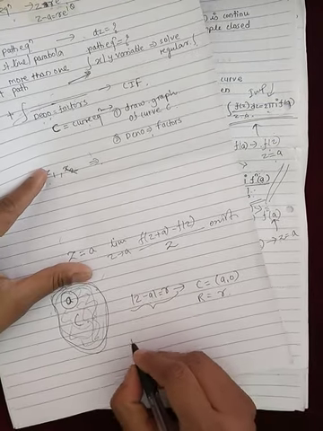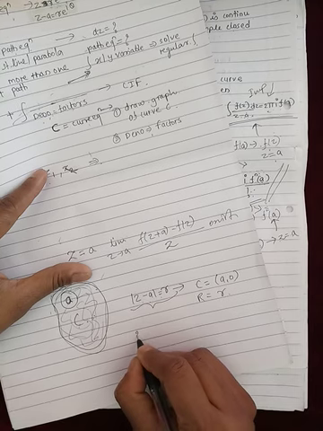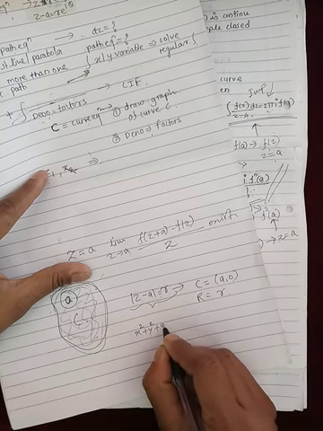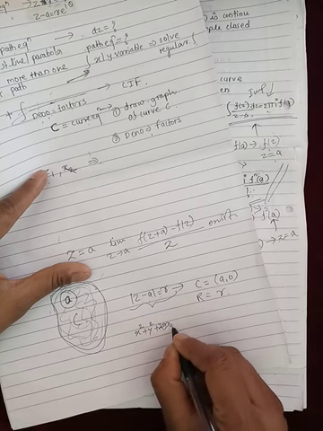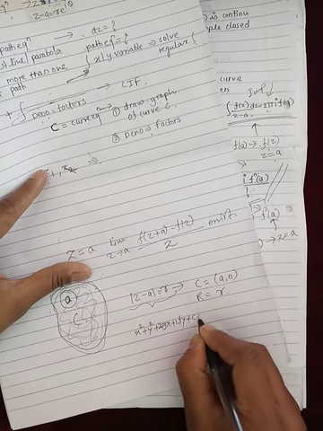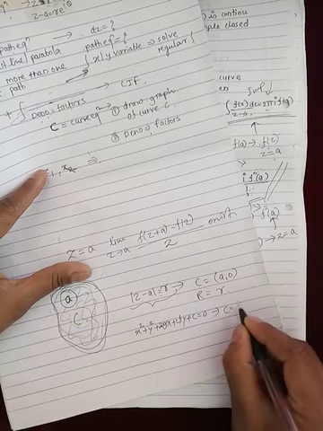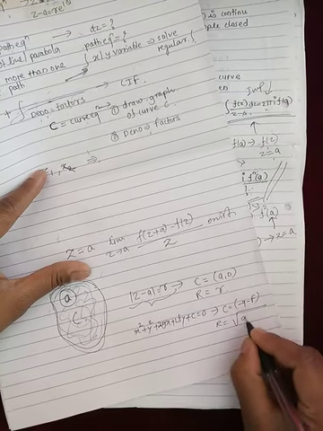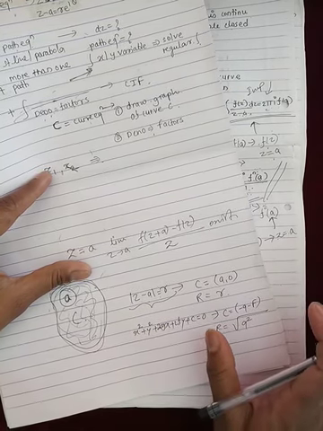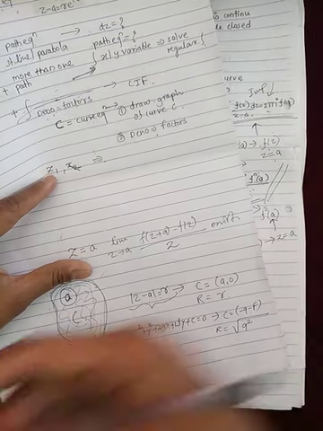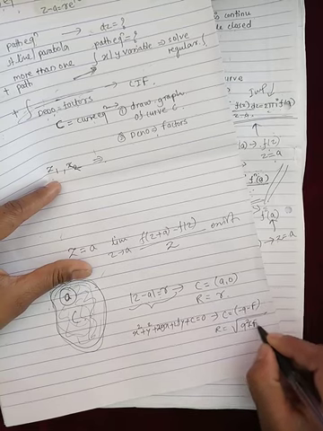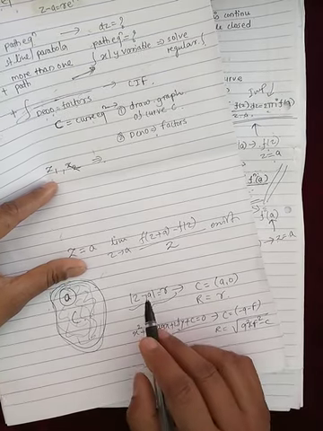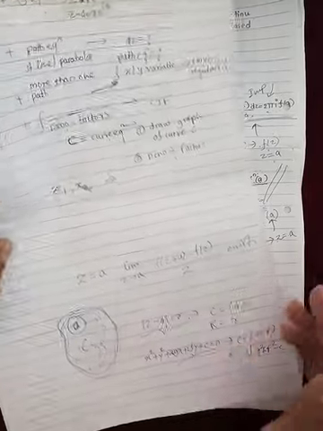If the general equation is x square plus y square plus 2gx plus 2fy plus c equal to 0, then the center is (minus g, minus f) and the radius is square root of g square plus f square minus c. This is the general formula we have seen from the 10th standard. So this is the general equation in Cartesian form, and that one is in complex form.